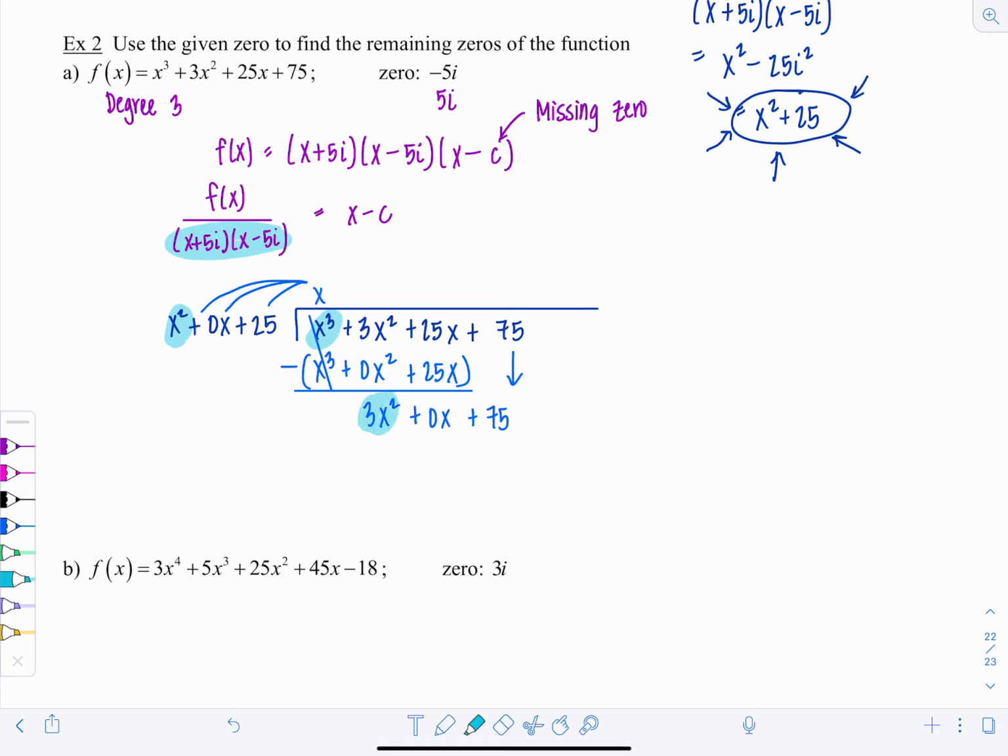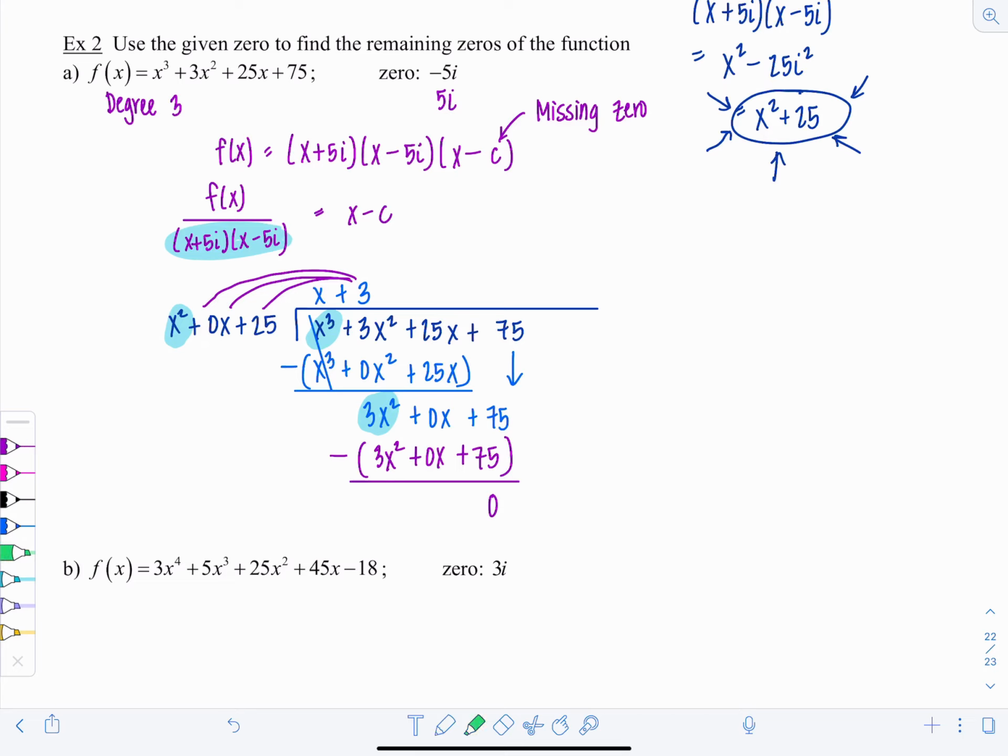So what do I multiply x squared by to make it 3x squared? Why a 3, you say? Okay, so plus 3. And then now I'm going to distribute that 3 to the divisor. So we will have 3x squared plus 0x plus 75. Fantastic. Subtract, cancel, cancel.